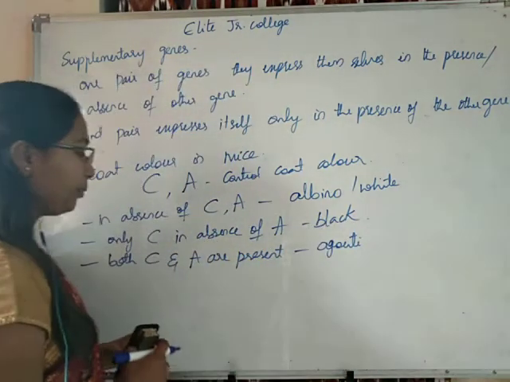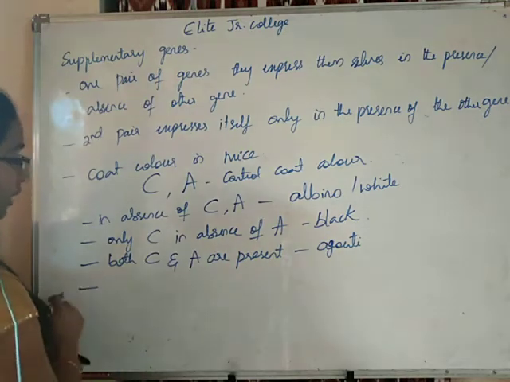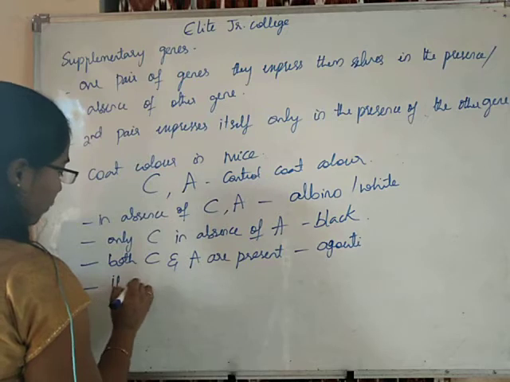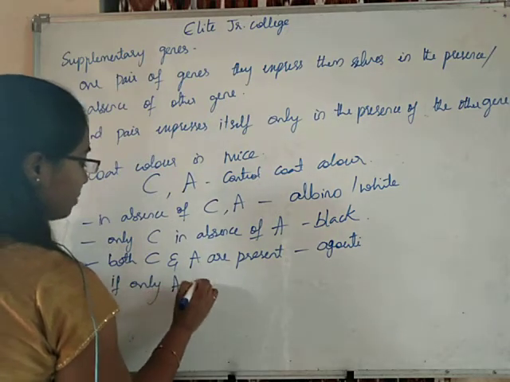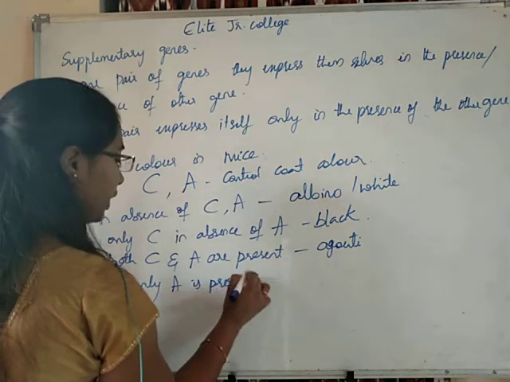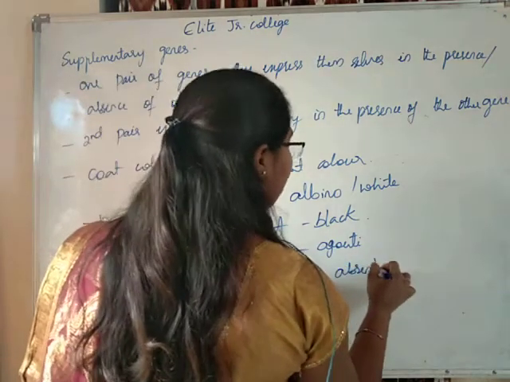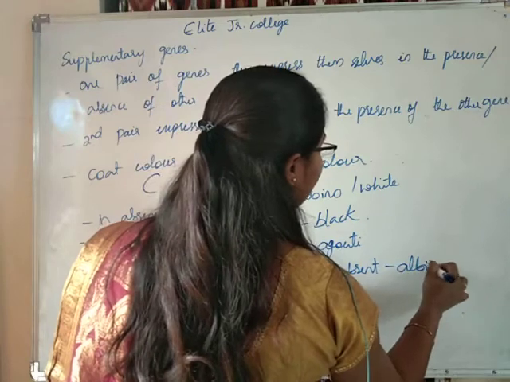Then coming to the next case, if only capital A is present and the C allele is absent, then it gives albino color only.